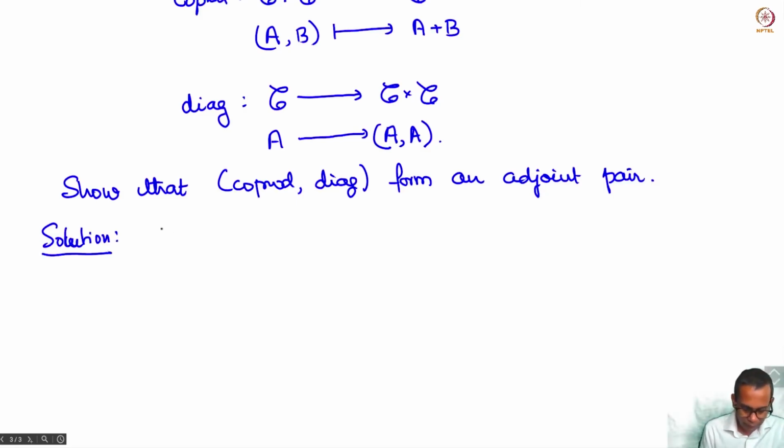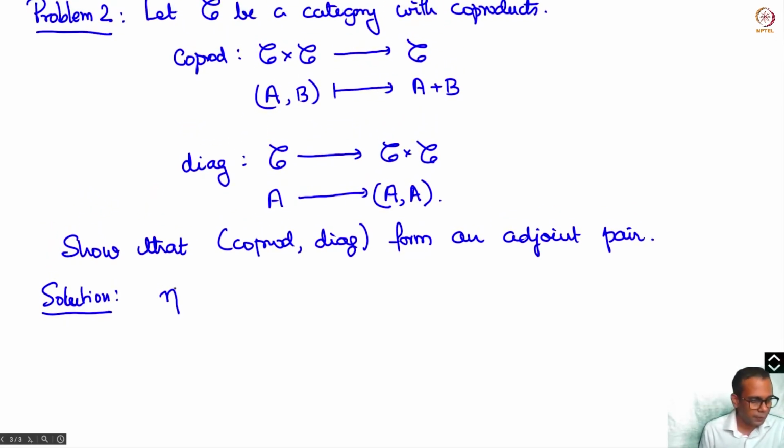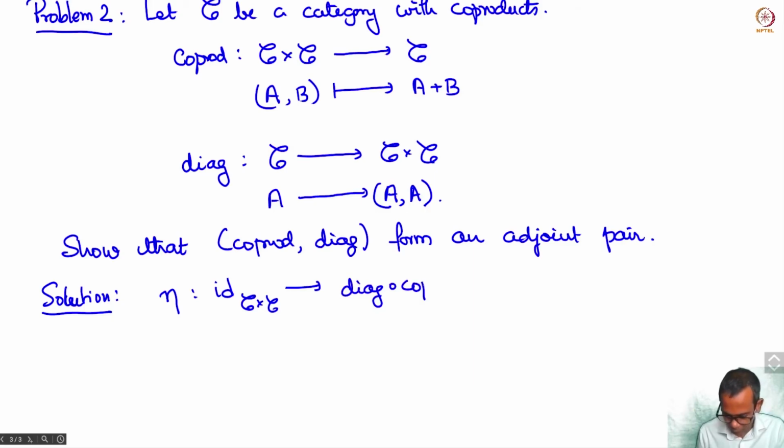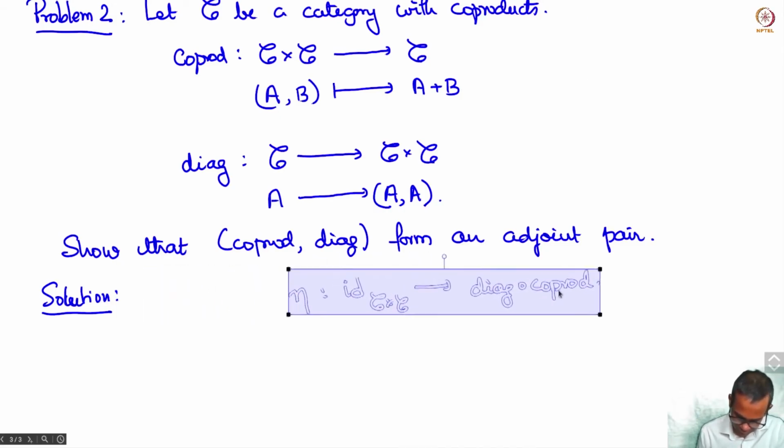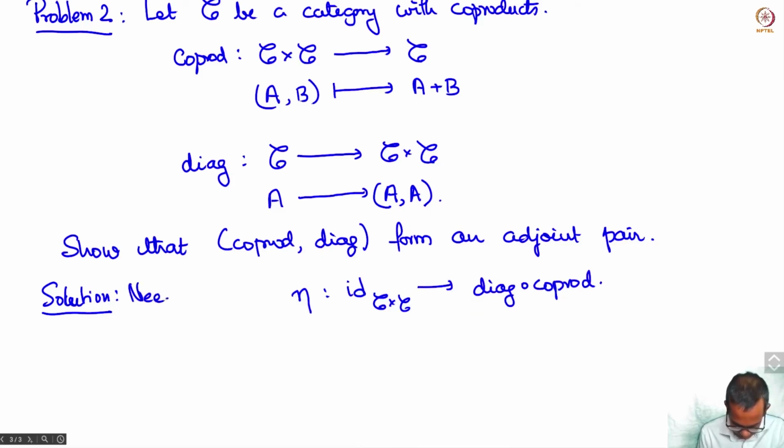So again, we need to set up this eta from the identity functor of C cross C to the functor diag circle coprod. So this is what we need. So let's see what this diag circle coprod is.